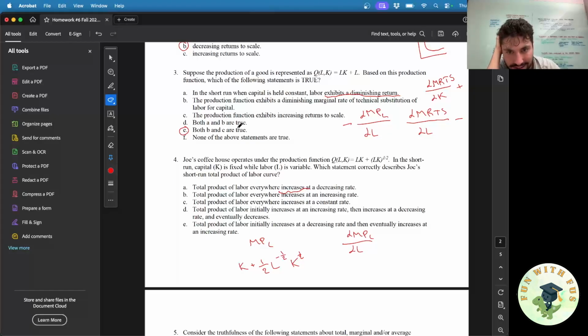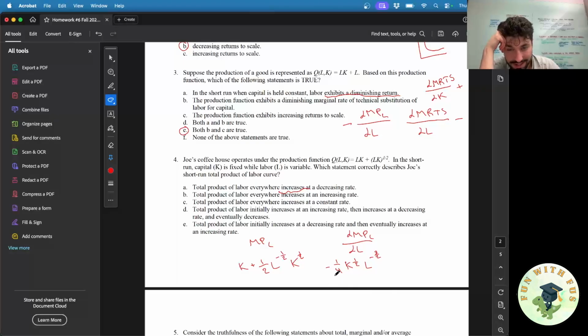So I think the next piece I would do is take the derivative of this again with respect to L. Would the K just drop off? Yeah, I think the K would just drop off. So we would get K to the 1/2, negative 1/4, and then L to the negative 3/2.